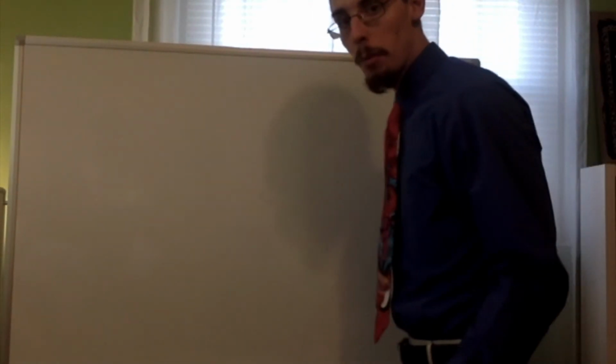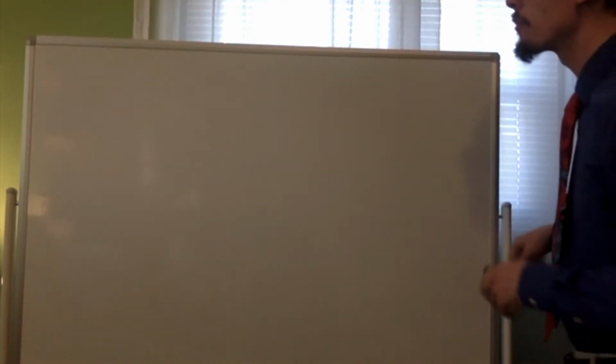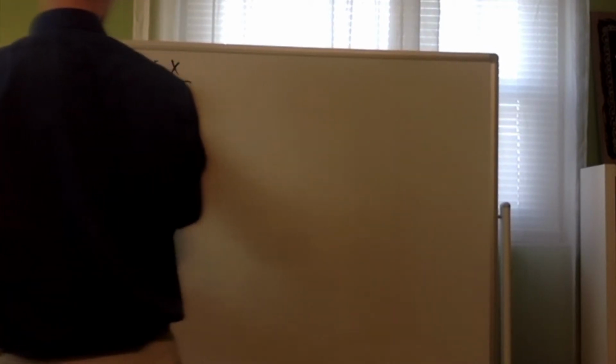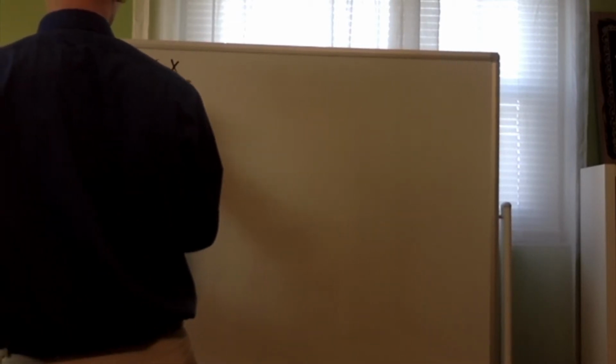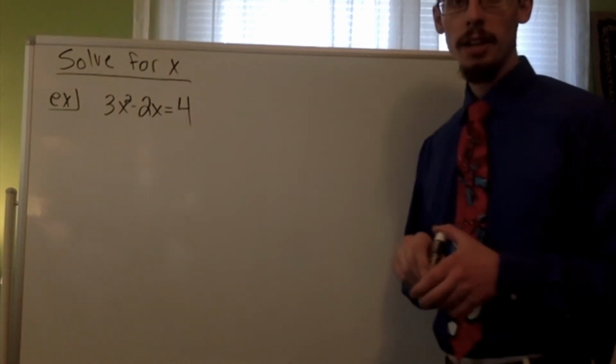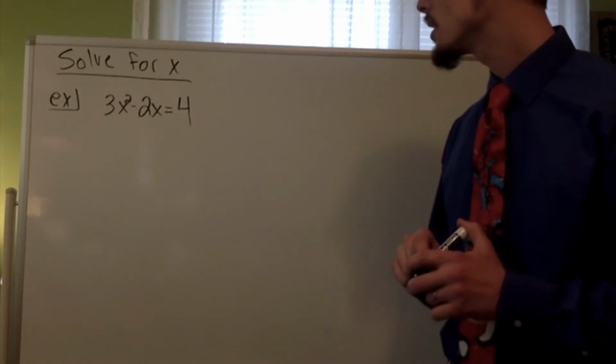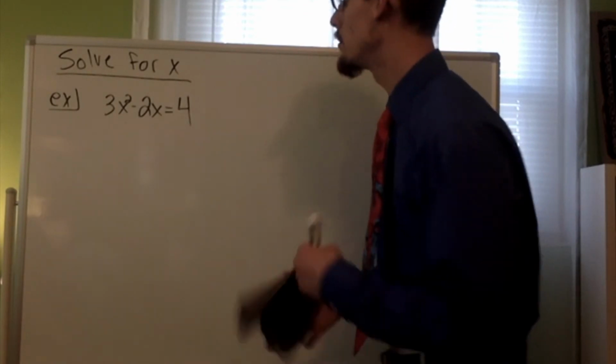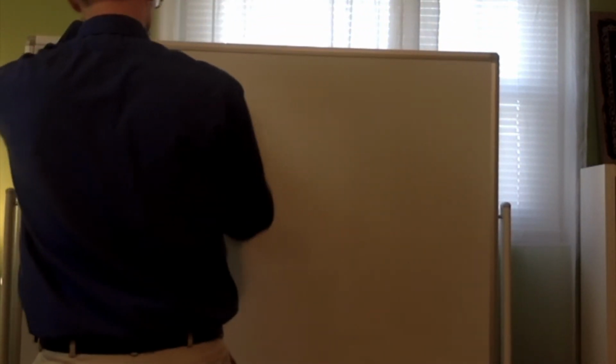Okay. So let's solve for x. So 3x squared minus 2x equals 0.